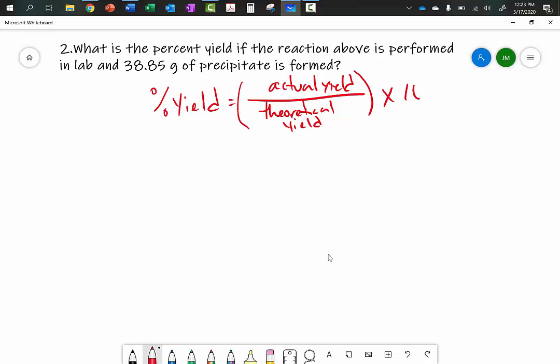Multiply this by 100 and that again gives me my percent yield. So in this case, let's identify theoretical and actual. So here the question says, what is my percent yield if the reaction above is performed in a lab and 38.85 grams of precipitate is formed? So this is what I actually formed. This is what I got when I did the lab. So that's going to be my actual yield.